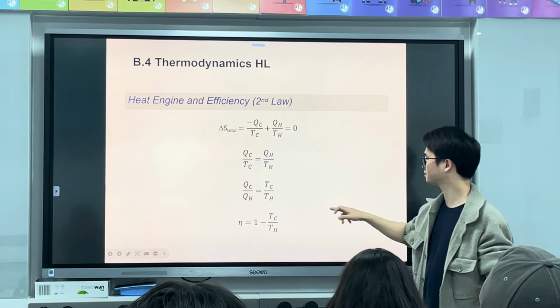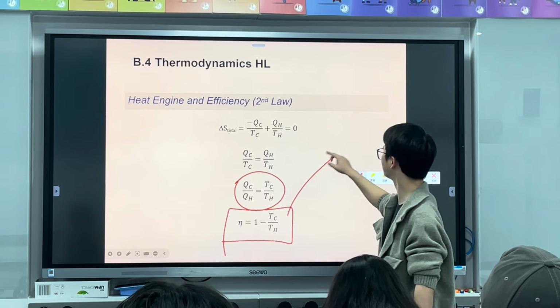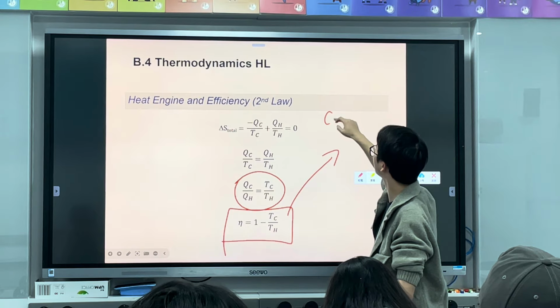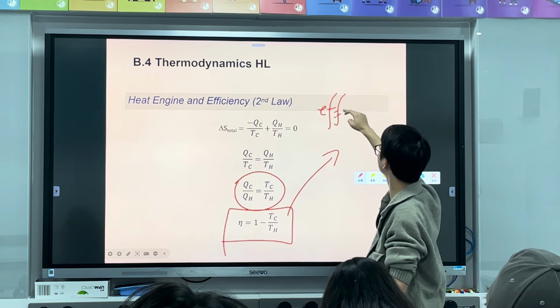So for a Carnot cycle, this is the efficiency for Carnot engine.